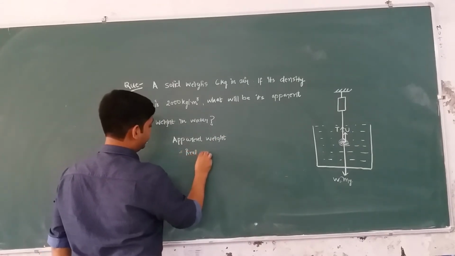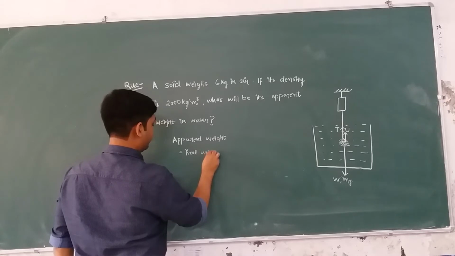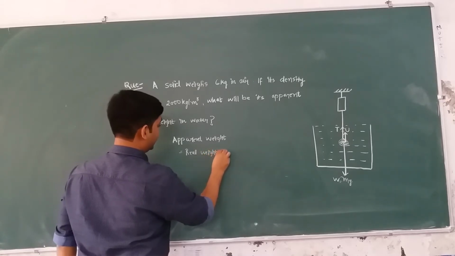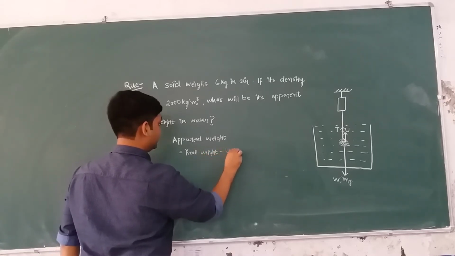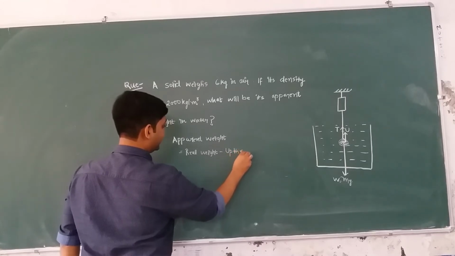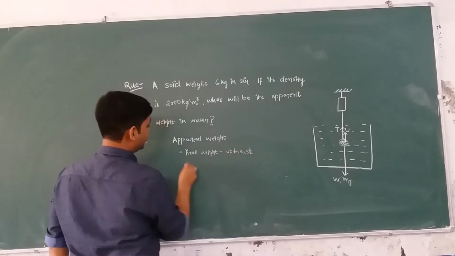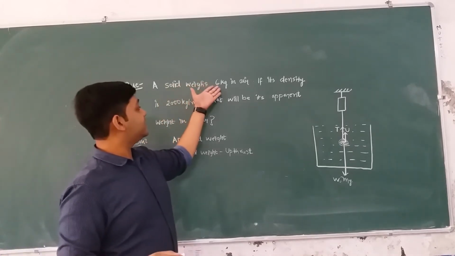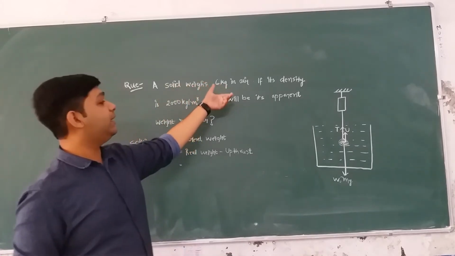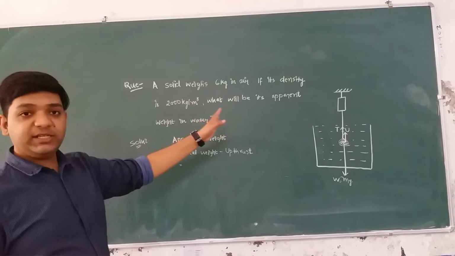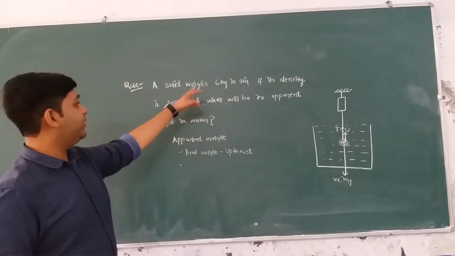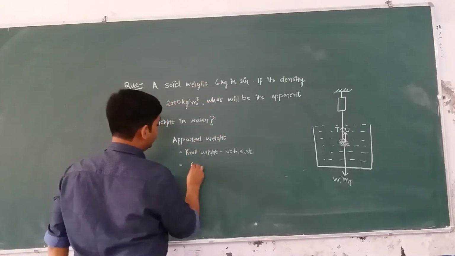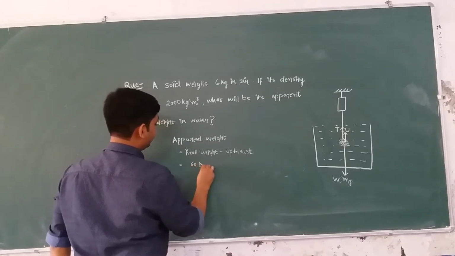So I am writing it as apparent weight is equal to real weight minus upthrust, right? So real weight will be, since the 6 kg is the mass which is given in air, so let us take the value of G as 10. So the real weight will be 6 into 10, which is 60 Newton, right?